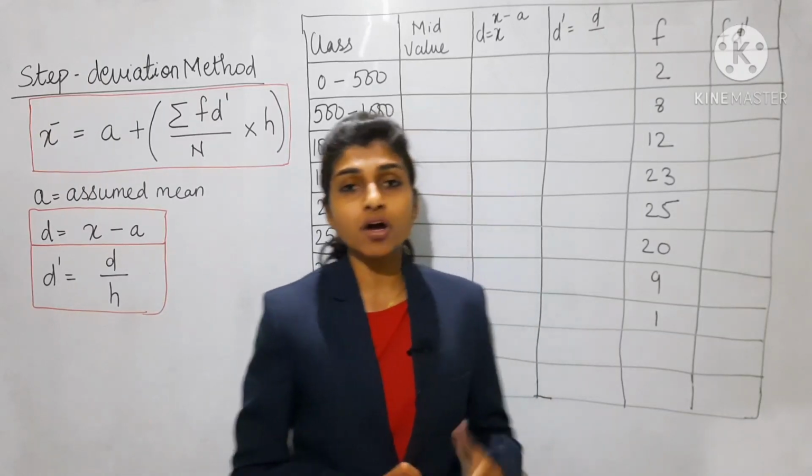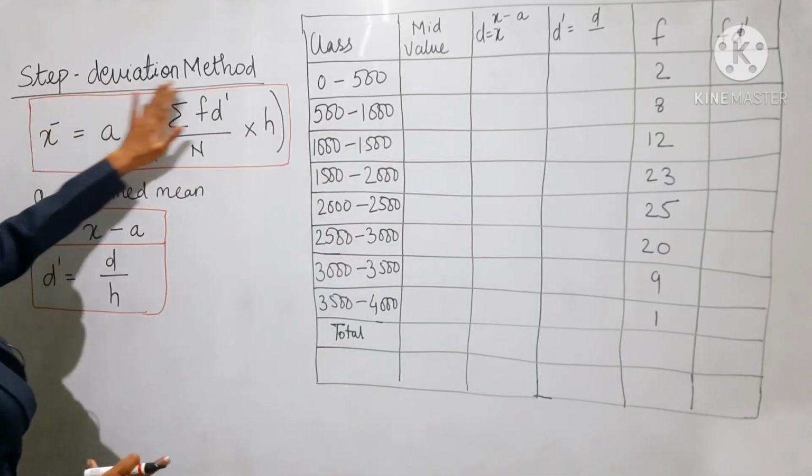Now to find the arithmetic mean or mean for continuous data, we have the step deviation method.